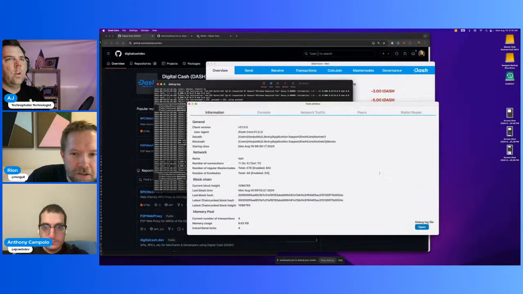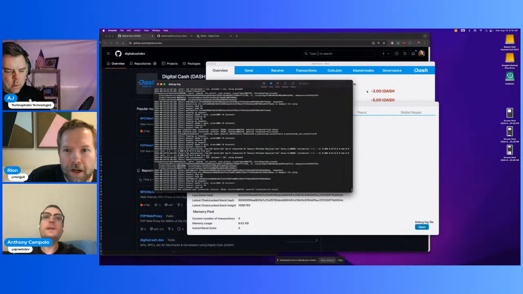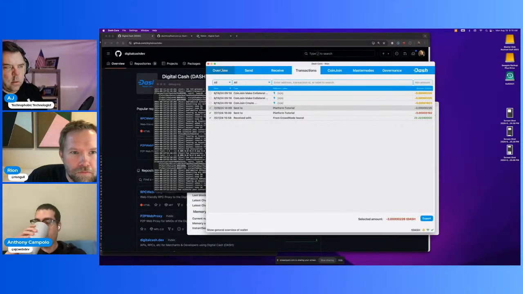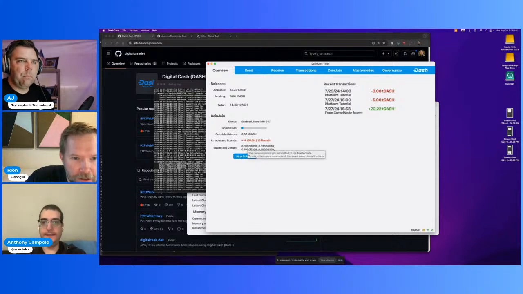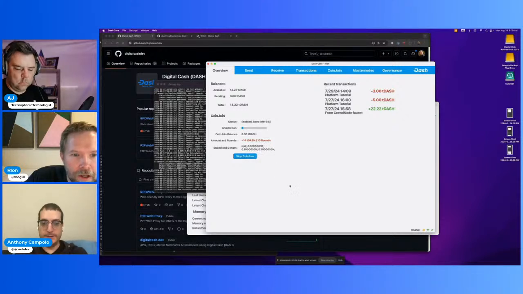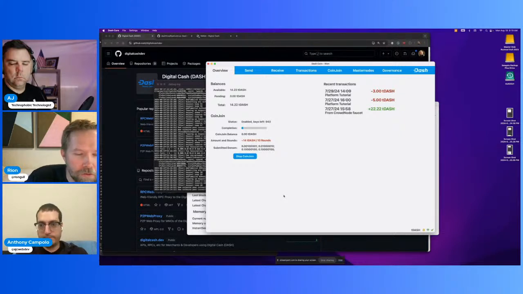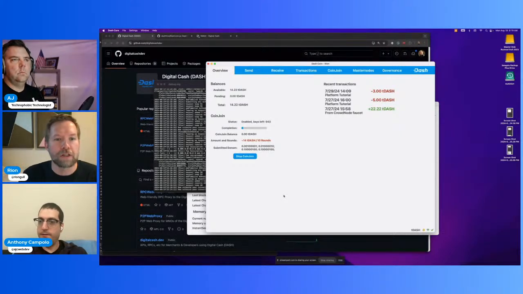I'm just kind of trying to see. Oh no, that's a QT window, not a console window. You can see the submitted denominations here. So it's going for 0.01s and 0.1s at this point. And I was just curious to see if I will have any kind of mixing partners right now, and then when you join in, if it would speed things up.